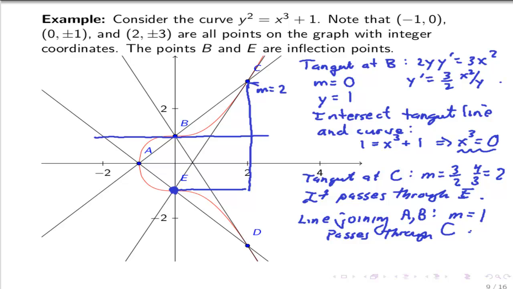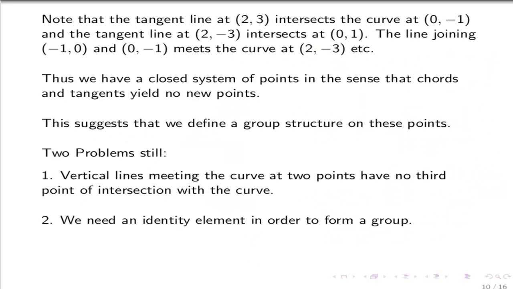And so what we discover is the following. Note, the tangent line at 2, 3 intersects the curve at 0, -1. The tangent line at 2, -3 intersects the curve at 0, 1. The line joining 0, -1 and 0, 1 meets the curve at 2, -3, etc., etc. You end up with a closed system of points when you try to use chords and tangents to construct new points of intersection.